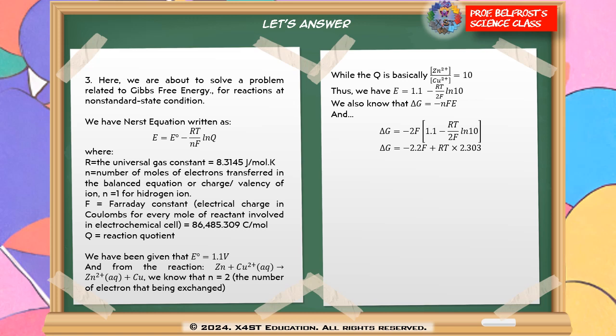So delta G equals minus 2.2F plus RT times 2.303. And tada, we find the answer. So delta G equals 2.303 RT minus 2.2F. So the correct answer of number 3 is B.